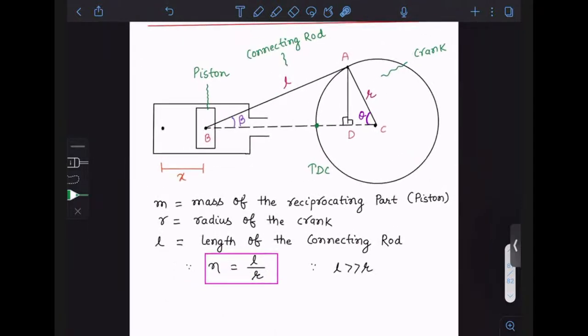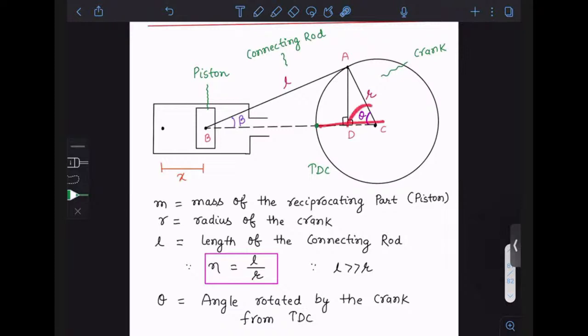Okay, now theta is the angle rotated by the crank from TDC, from top dead center.